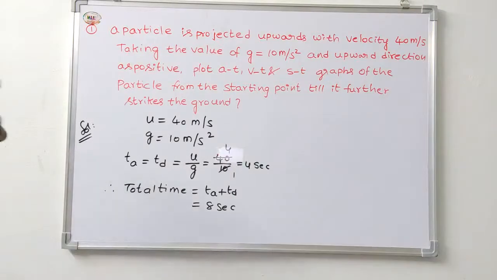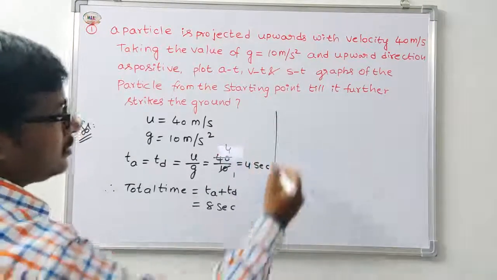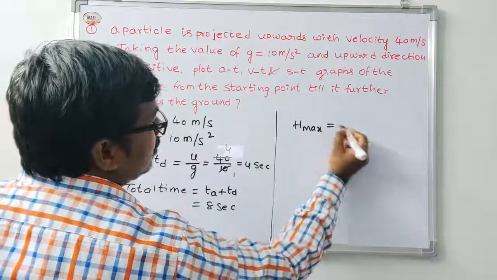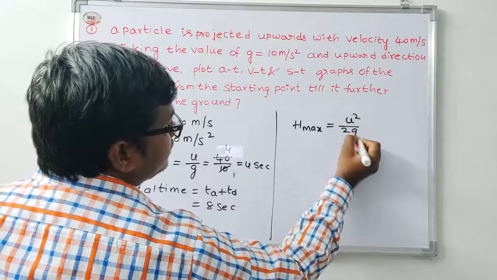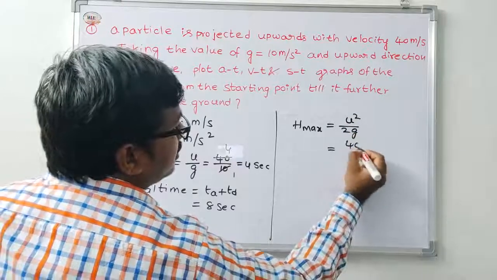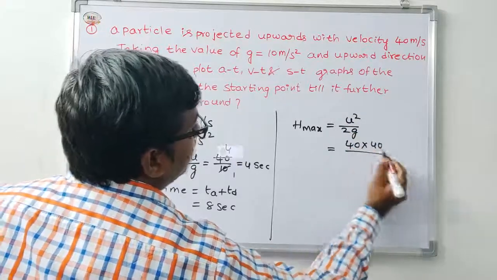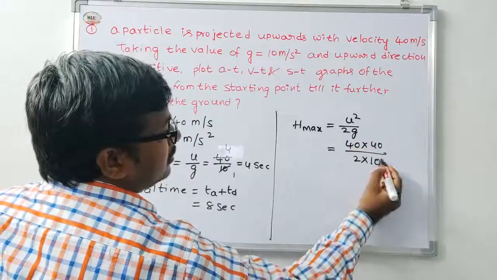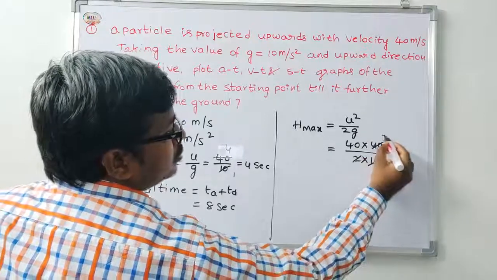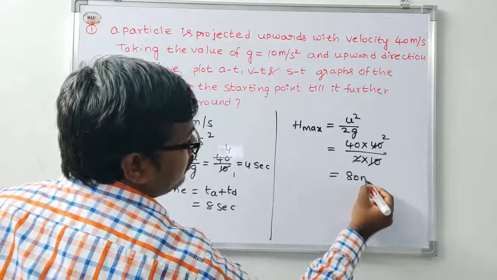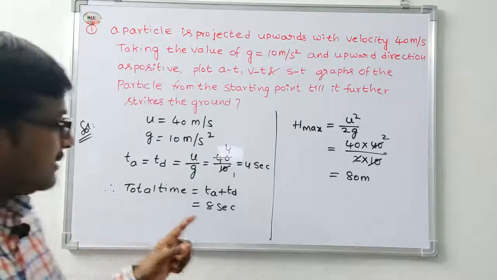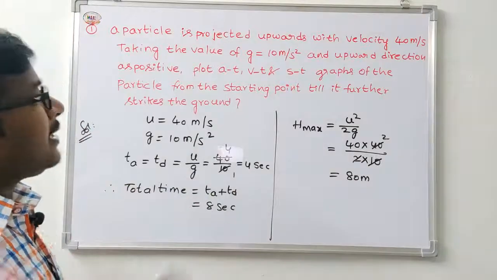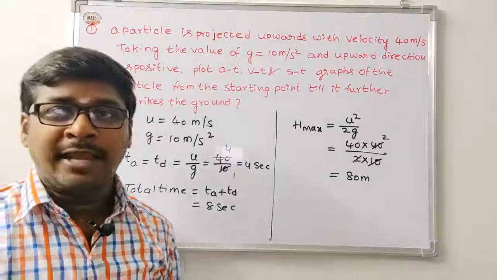The maximum height formula: H maximum is equal to u square by 2g, that is 40 into 40 by 2 into 10, that is equal to 80 meter. Okay, total time is equal to 8 seconds, and the particle will reach a maximum height equal to 80 meter.